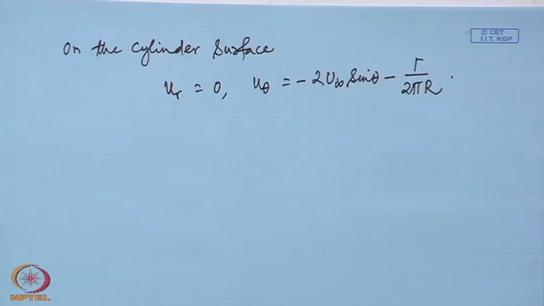You see now the stagnation points are no longer at theta equal to 0 and theta equal to pi.